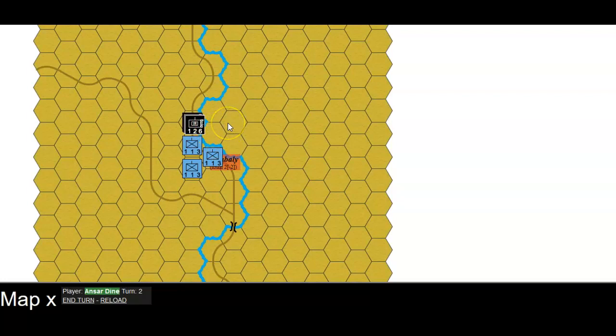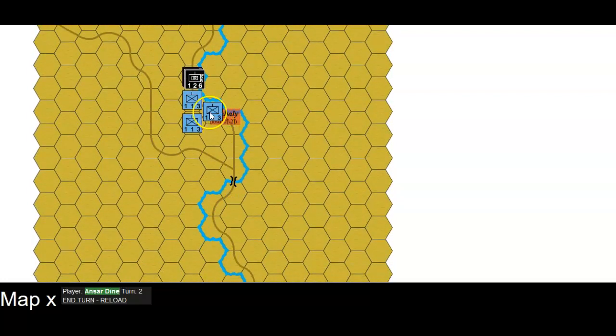Now the bottom line is what we're trying to achieve here is to not lose Diabaly on the first turn. So we could attack with one unit, getting a 5-1. We'll do one more attack with 2 units, getting a 7-1.